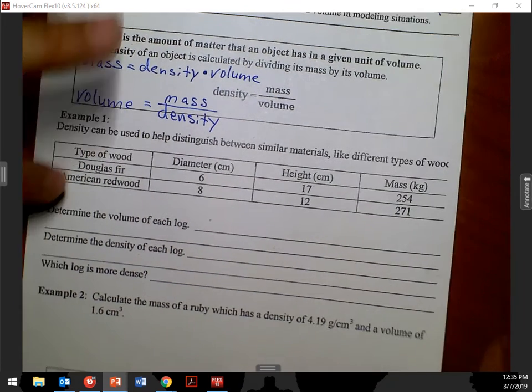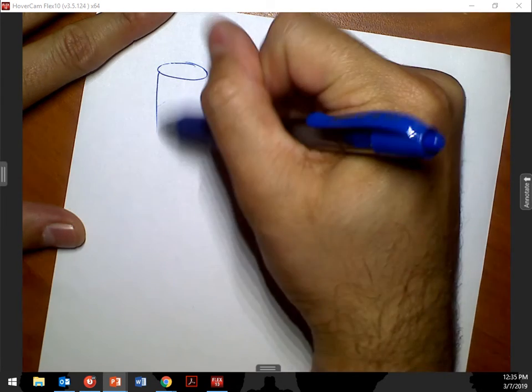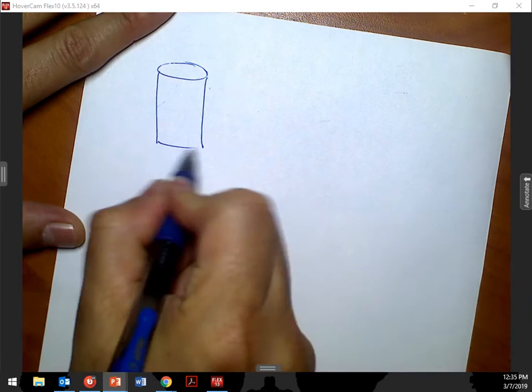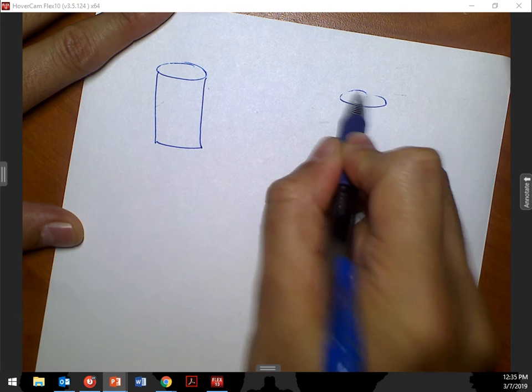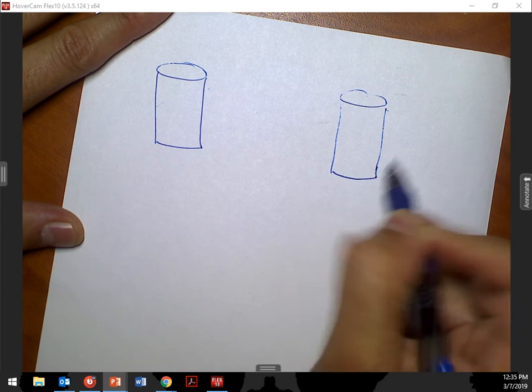So I'm going to write, so these are logs. What's the normal shape of a log? A cylinder. Okay, so I'm going to do that. So I'm going to do 2 cylinders. All right.